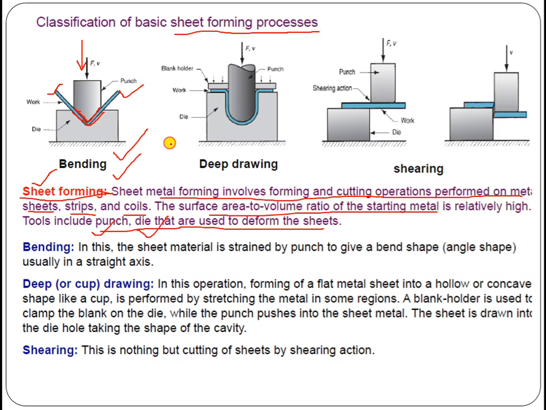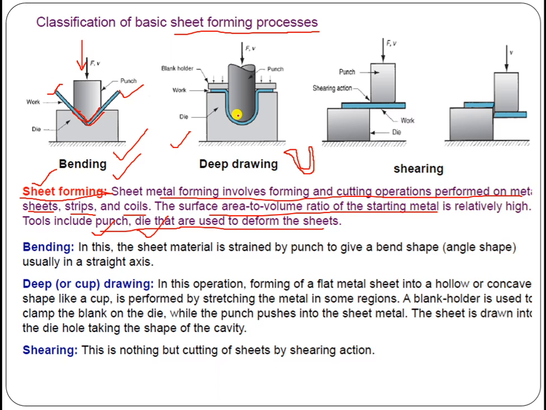In case of drawing or deep drawing, this sheet metal blank is converted into a final product like this one, which is just like the utensils in our houses. The roof structures you are observing are an example of bending.